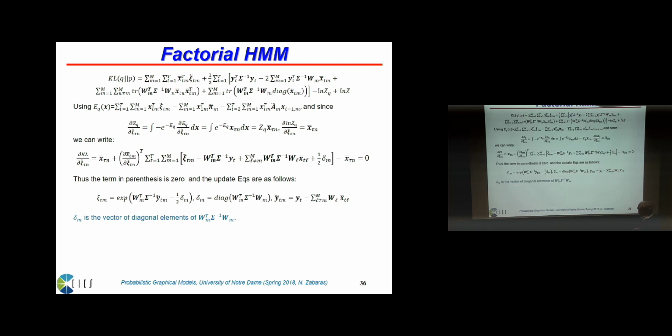And if you think about it, the only thing you have to do is a simple update formula. The rest is that you have to do forward and backward message propagation the way we have done earlier with one chain and hidden Markov models.